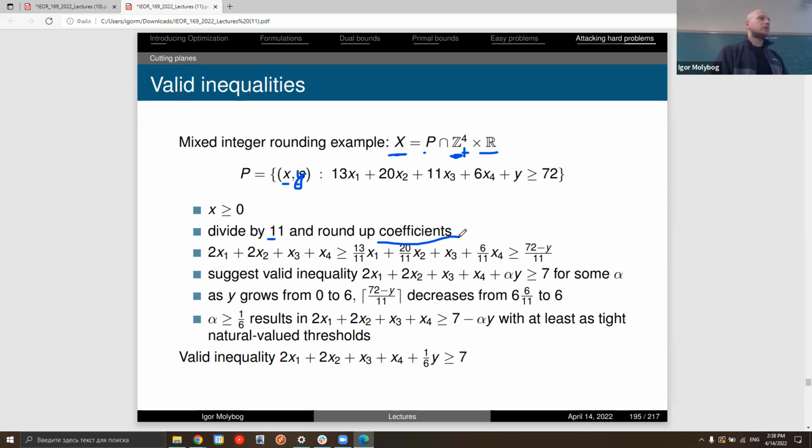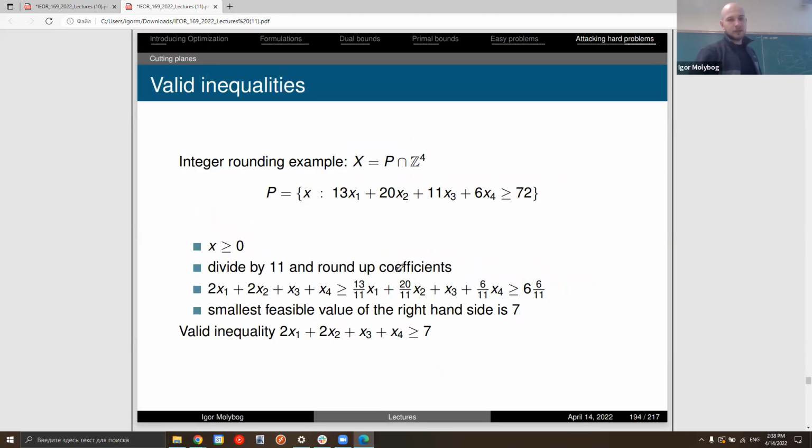It's not totally obvious. When you have this inequality and you just divide by 11, let's say, you get this left hand side, right? And then x1, x2, x3, and x4 all have non-negative values.